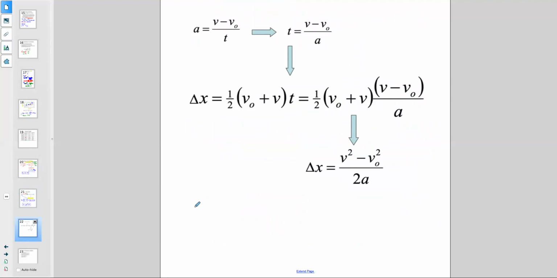Remember the average acceleration was delta v over delta t. If acceleration is constant, its average value and its instantaneous value are the same, so I can write it like this.